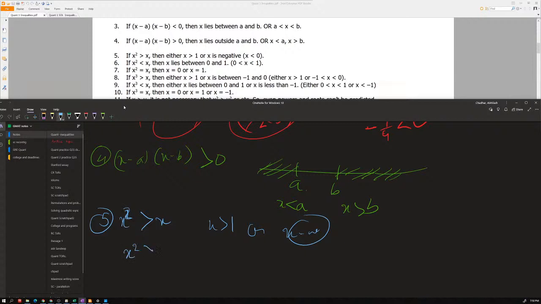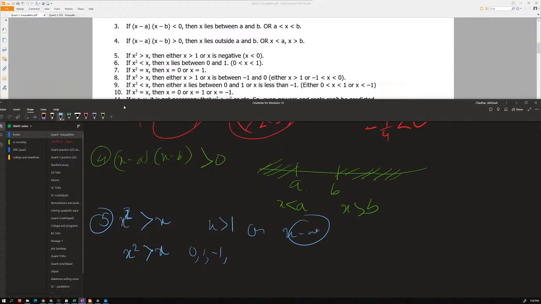So how can we solve it? Let's take one value. What value can satisfy? Let's try 0, no. 1, no. Minus 1 square is 1 again, and this is no.